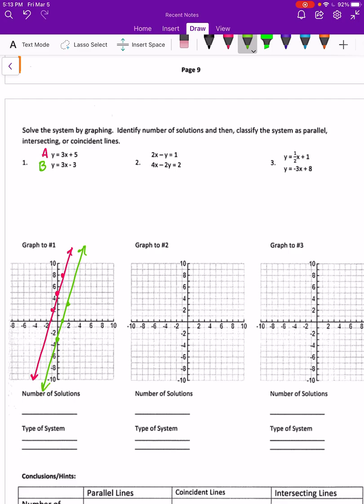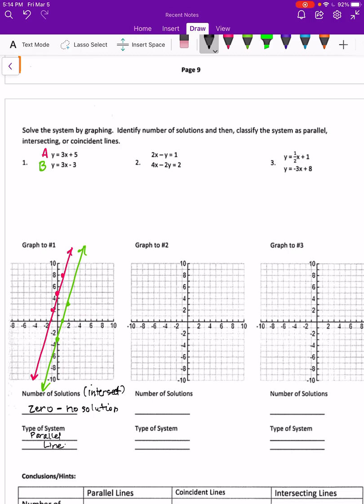So number of solutions, meaning how many times do they intersect? Number of solutions: 0. They don't ever intersect. There is what we refer to as no solution. And the type of system we have, these are parallel lines.